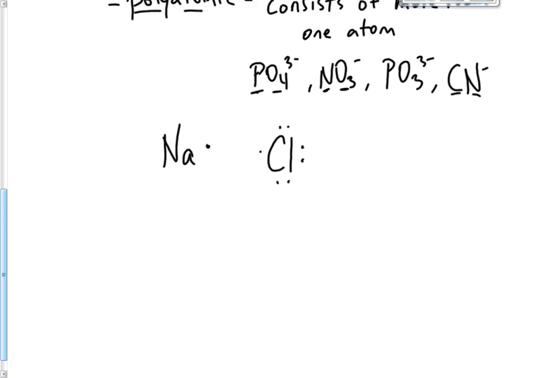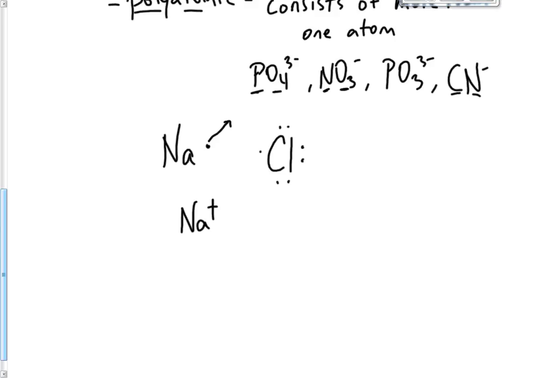Again, the idea is to get to 8, either by getting rid of what you have or gaining more. So in this case, sodium is going to lose its electron and become Na plus, because it lost one electron, so it's going to have an overall positive charge.